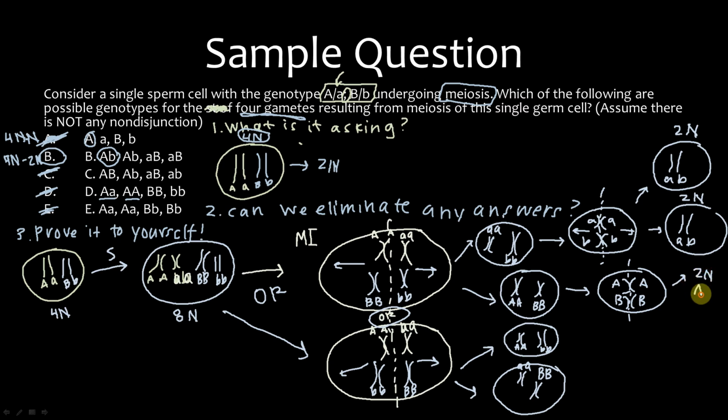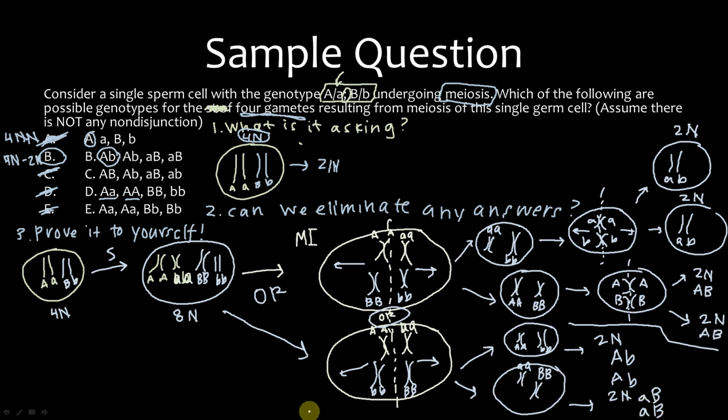I'm not going to draw out what the actual cell looks like, but I'm going to write what the genotype is. 2n, A, B. And now that we're a pro at this, can you guess what the gene products are going to be for these? If you guess 2n, big A, little b, you'd be right. And then 2n, little a, big B, okay?